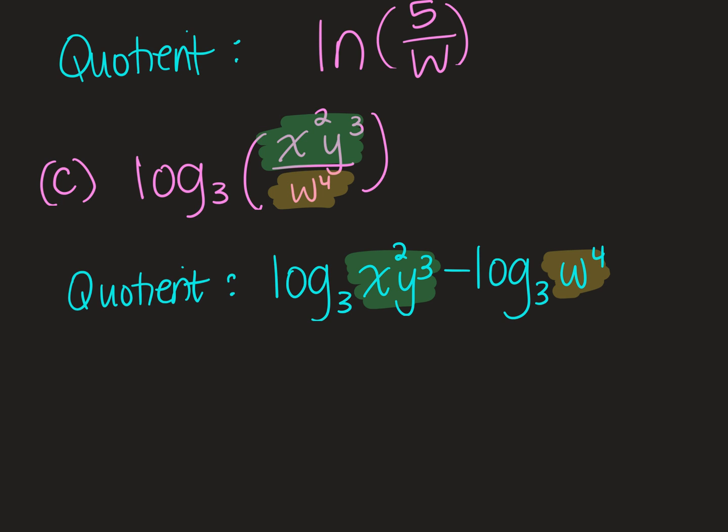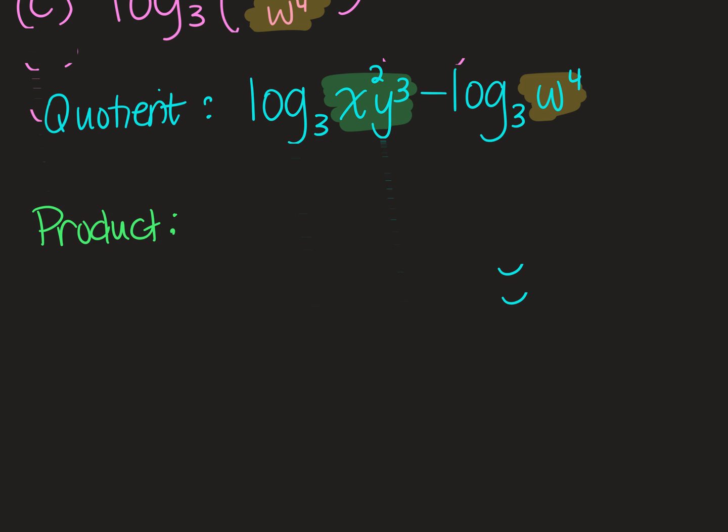So now I've got 2 logarithms that each have their own individual issues, right? The first one, there's a product, x squared times y cubed, but there's also those powers floating around. I always save the powers for last. So I'm going to address next the product. All right, so I'm going to split that product up that's in the first logarithm.